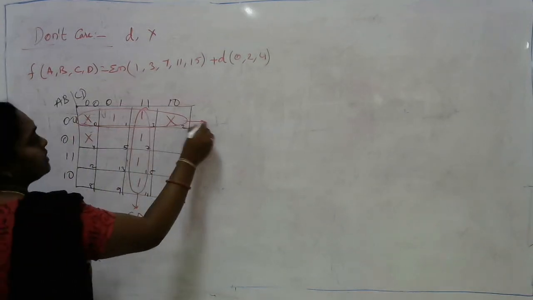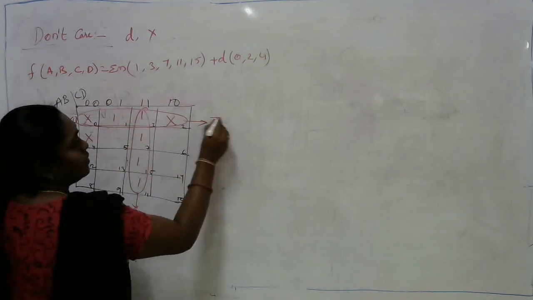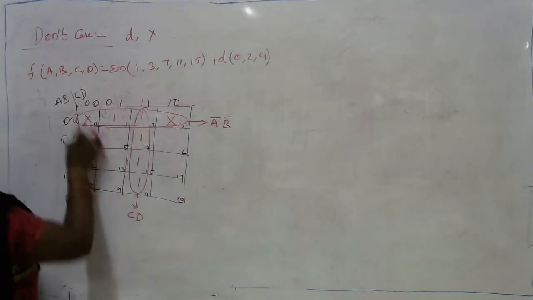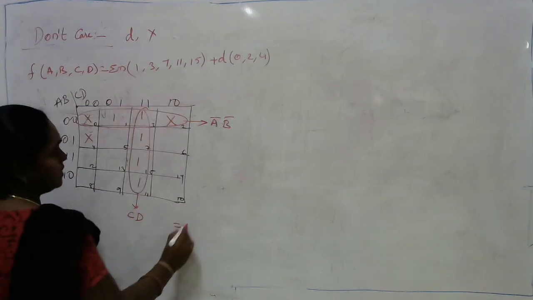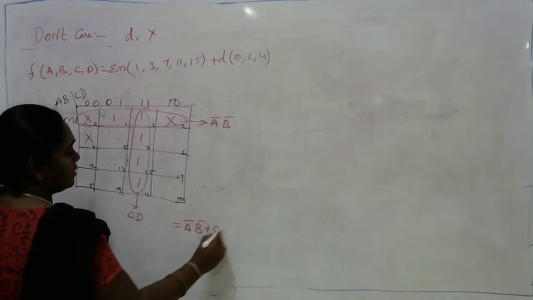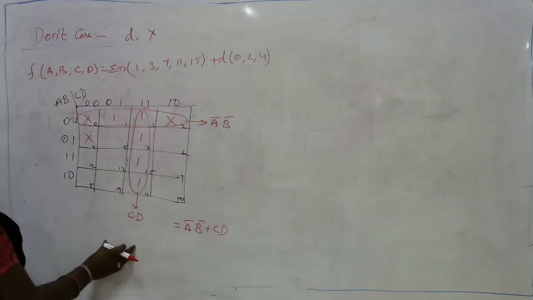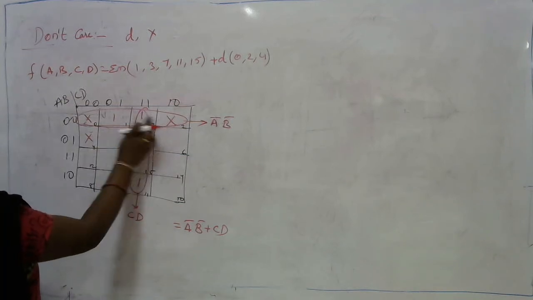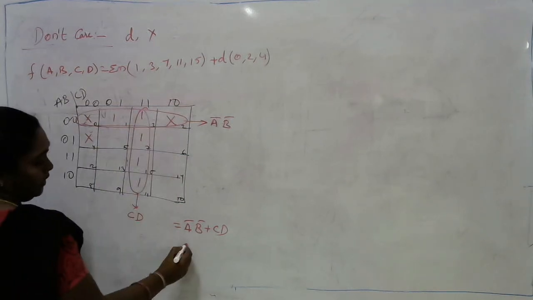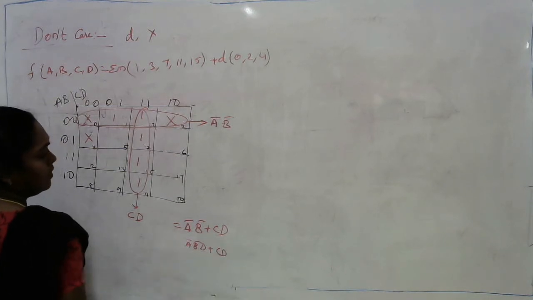Here, as it is present in a single row, the corresponding row values are 0, 0, so it is A bar and B bar. As all these are present in four different columns, all four variables will be cancelled out. So the leftover expression is A bar B bar plus CD. If we are not considering these don't cares, we will be getting CD, but the other term I will be getting as A bar, B bar and D. So here I will be getting A bar B bar D plus CD.